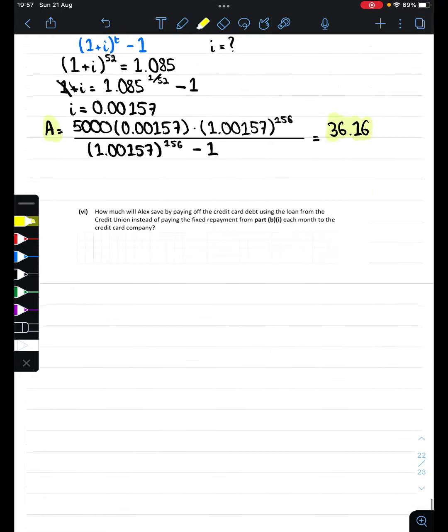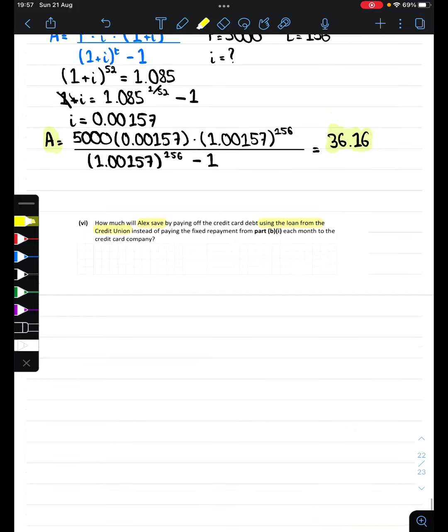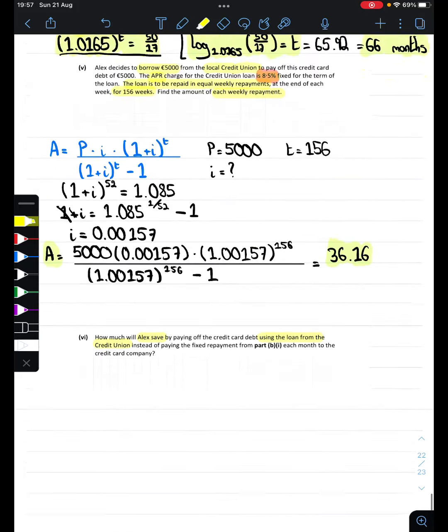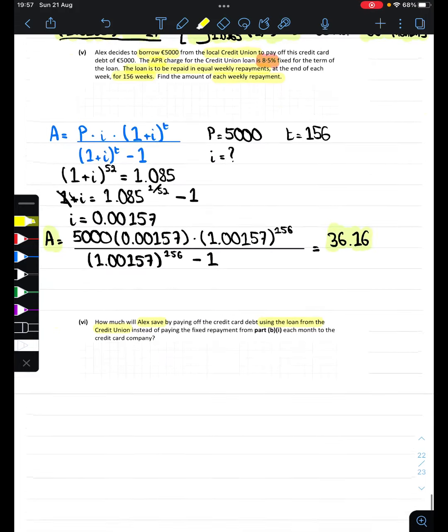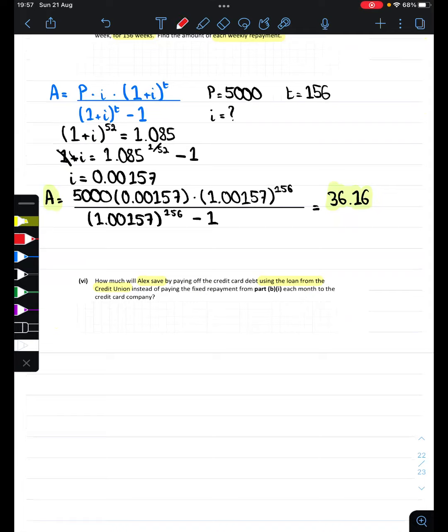So how much will Alex save by paying off the credit card debt using the loan from the credit union instead of paying the fixed repayment? By how much is this credit union method better than the original method? Essentially the question.